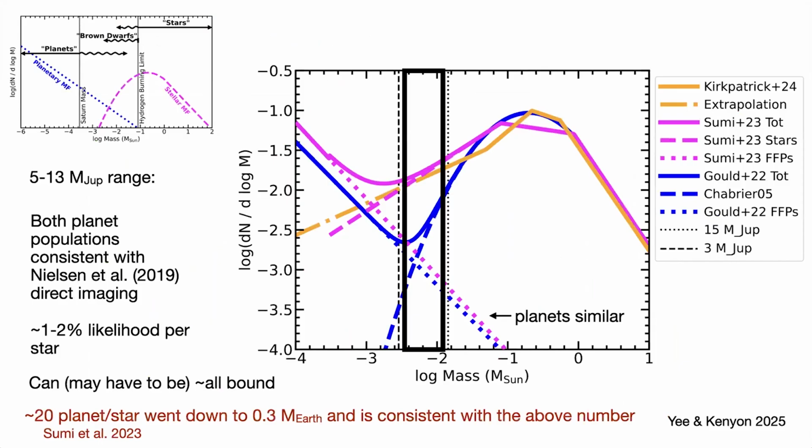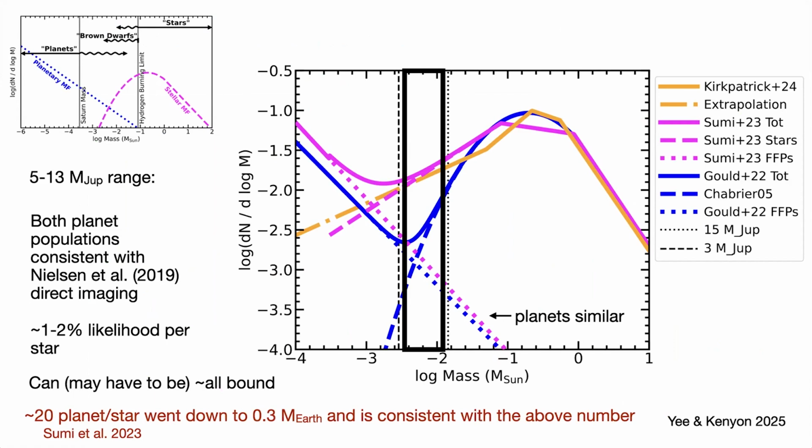Okay, so we had the question yesterday: how is having a 1 or 2% likelihood per star of these giants consistent with the 20 planets per star that we're hearing about? Well, this number goes all the way down to 1/3 of an Earth mass, and it's actually consistent with this number. It's just that most of your planets are at the lower masses.